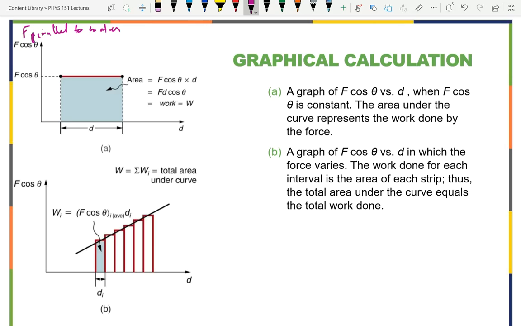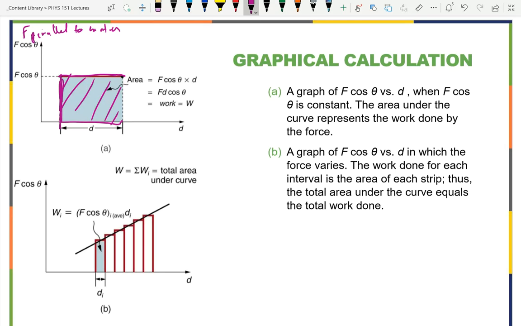So if you have the force parallel to motion on the vertical axis, and then you have the distance traveled on the horizontal axis, then if you take a segment of motion and you take the force and multiply it by the distance traveled, then the area here is equal to the work.